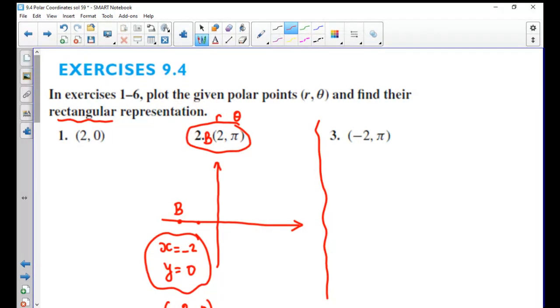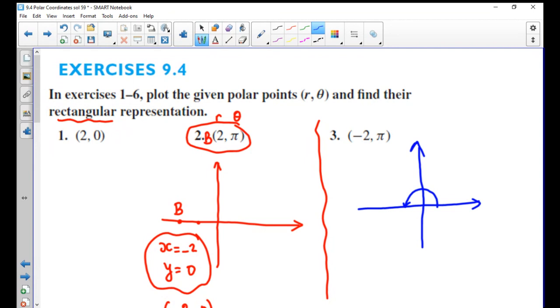These 3, r is -2 and theta is pi. So if I want to graph this point here, remember pi, yeah, but r is negative, so I need to go to the other side.